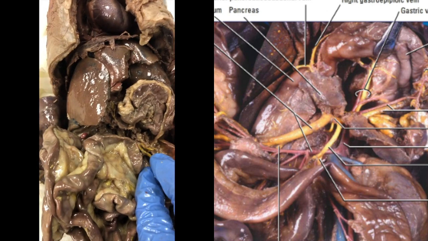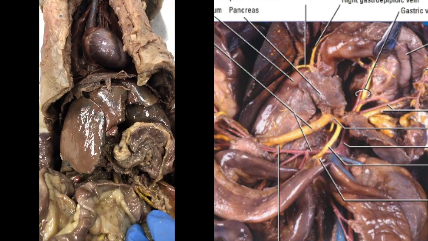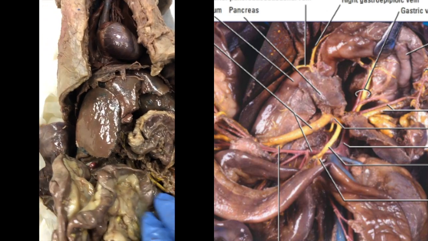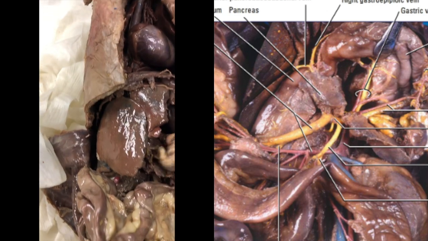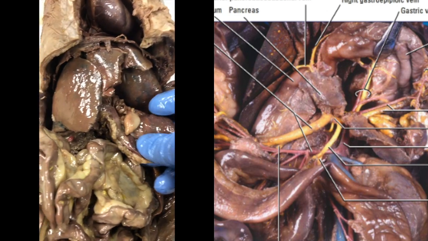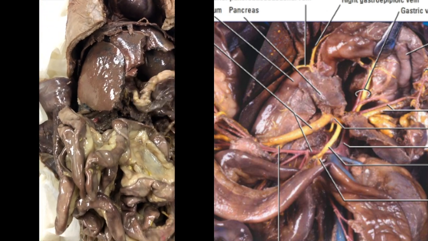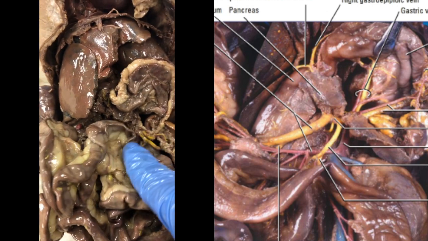All the yellows are always going to be, they really try to stick to the convention of yellow equals portal. So off of the spleen, the splenic vein should join up with this empty structure right here, which is the stomach. So that becomes the gastrosplenic vein. It kind of joins together. It's kind of broken up in there, but gastrosplenic.